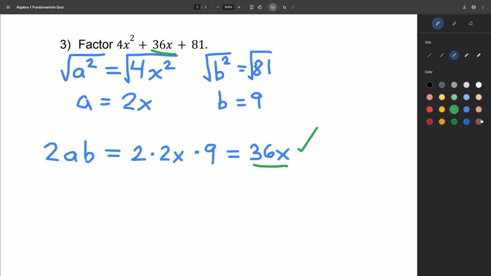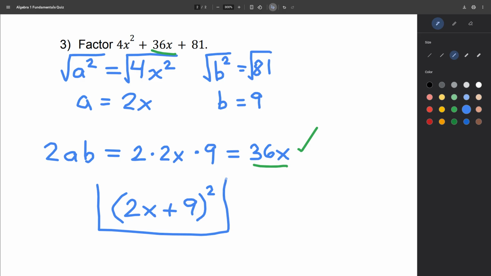So this is a perfect square trinomial. So it's going to factor into the quantity (a plus b) squared. This time a is 2x and b is 9. So it's going to factor to the quantity (2x plus 9) squared. Okay. All right, one more to go.